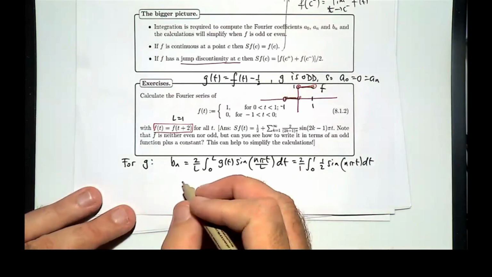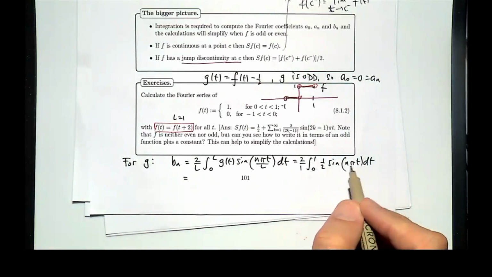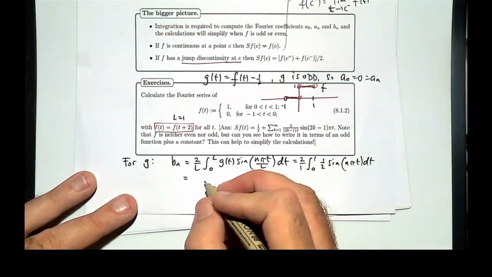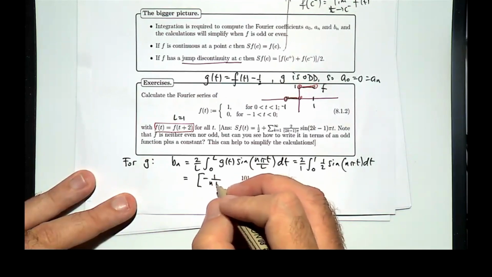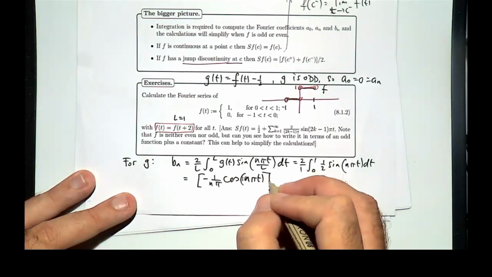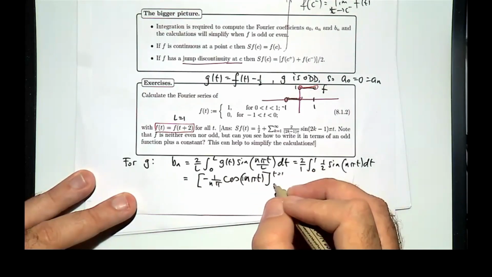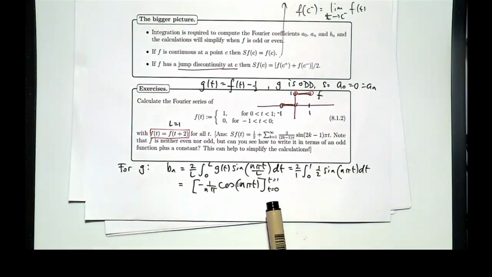So the 2 and the 2 are going to cancel out. I'm going to integrate sine to get something like negative cosine, and I'm going to divide by n pi. When I put in t equals 0, this is going to simplify to 1.